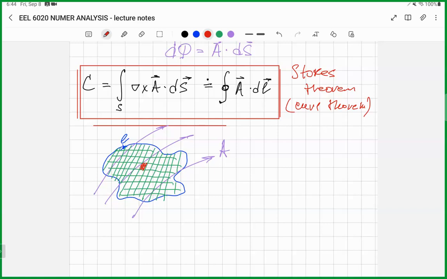So you have a battery, you put your battery somewhere here, you connect it to the wire, to the circuit, and basically the circulation over this wire is equal to the electromotive force of the battery. We will discuss that maybe next week.